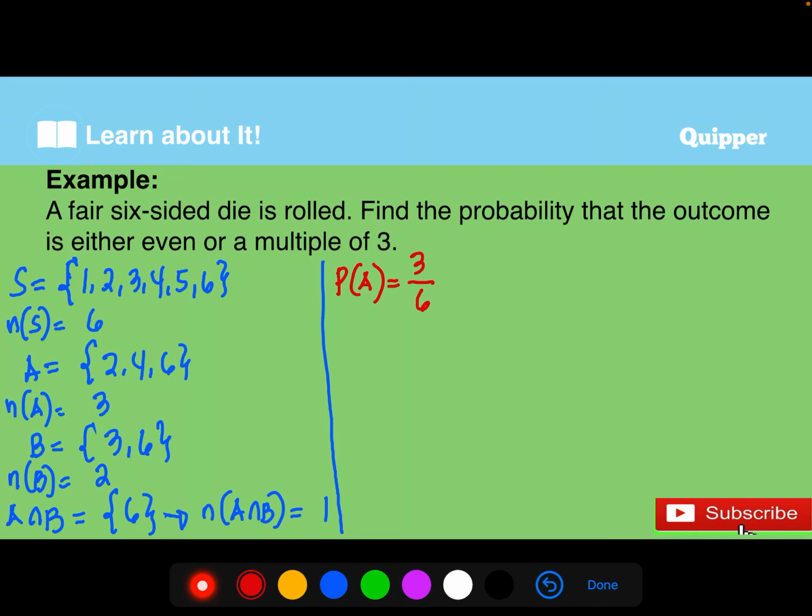So we have 3 over 6. Then the probability of B is N of B over N of S, 2 over 6. And the probability of A intersection B is equal to N of A intersection B over N of S. That's 1 out of 6.